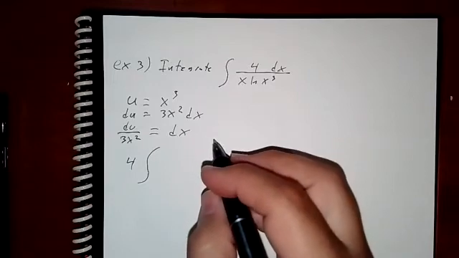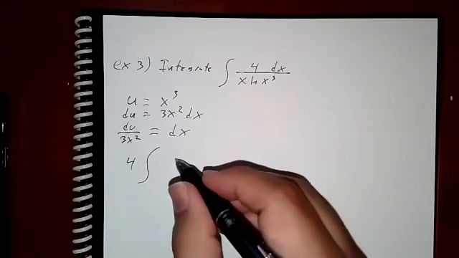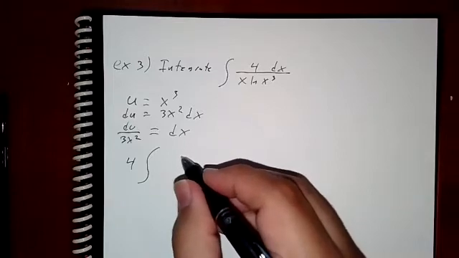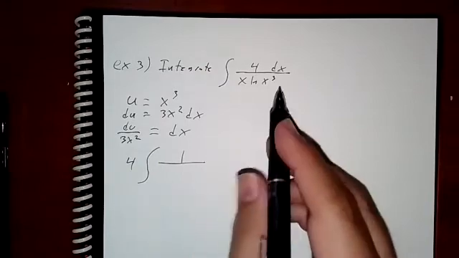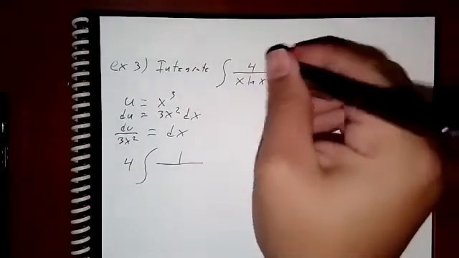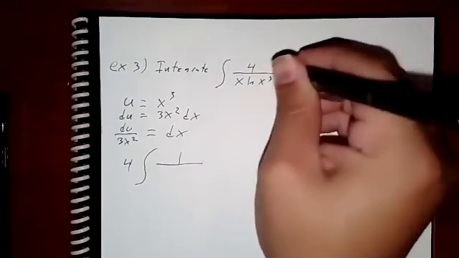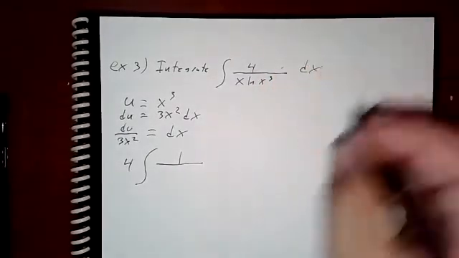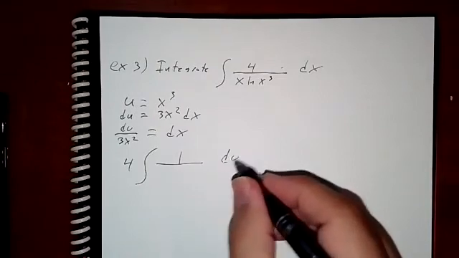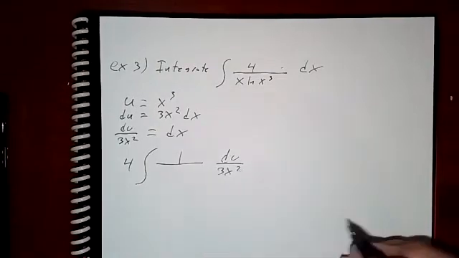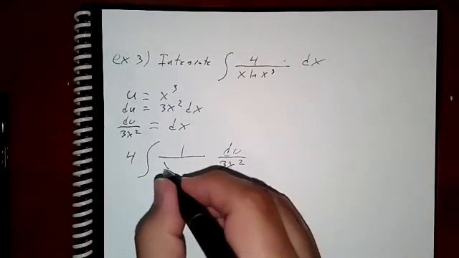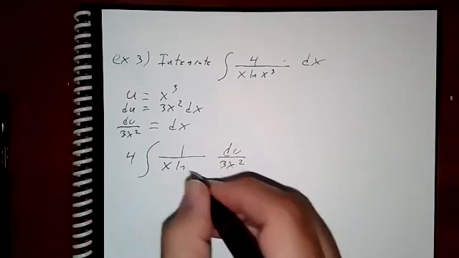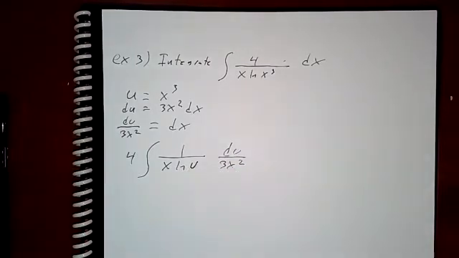I'm going to put the dx on the side so it's a little more clear. So dx is being replaced by du over 3x squared. And I have u equal x cubed. So right here I have x ln u, right? But I still have a bunch of x's, so I'm not done here.